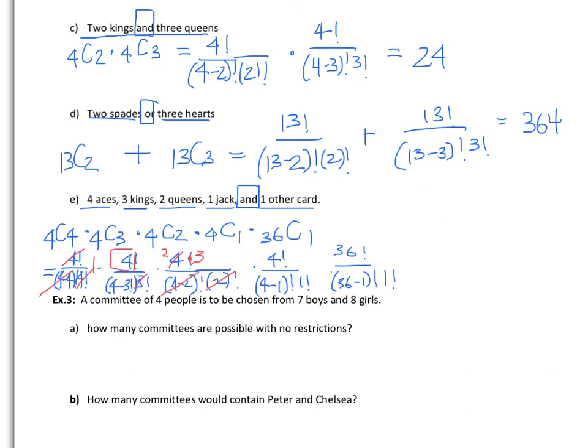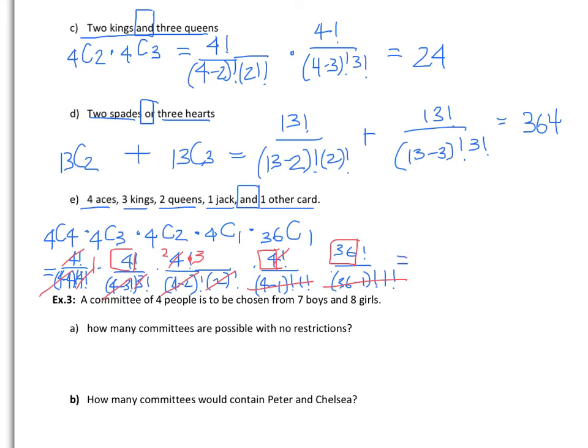4 minus 1 is 3 factorial. 1 factorial is just 1. We're going to cancel out the 3. We're just going to be left with 4 again. And then the last one, we have 36 minus 1, which is 35 factorial. So that'll cancel everything except the 36 in this factorial. And then 1 factorial is just 1.